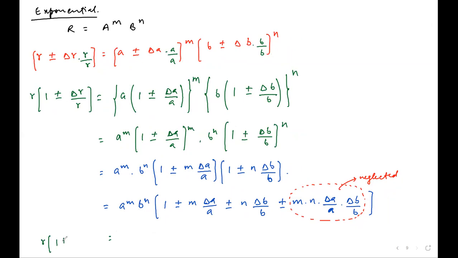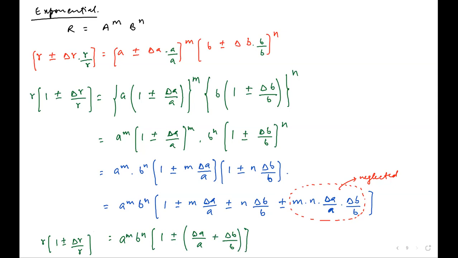r (1 plus minus delta r by r) is equal to a raised to m, b raised to n, (1 plus minus, taken out common, m times delta a by a plus n times delta b by b).